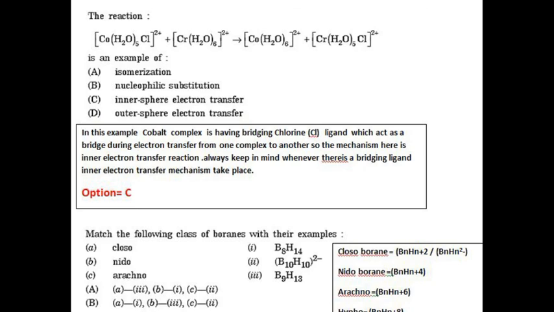Then nido-borane has the third example, B9H13, and arachno-borane has B8H14. So the correct option is A2, B3 and C1. Thank you.